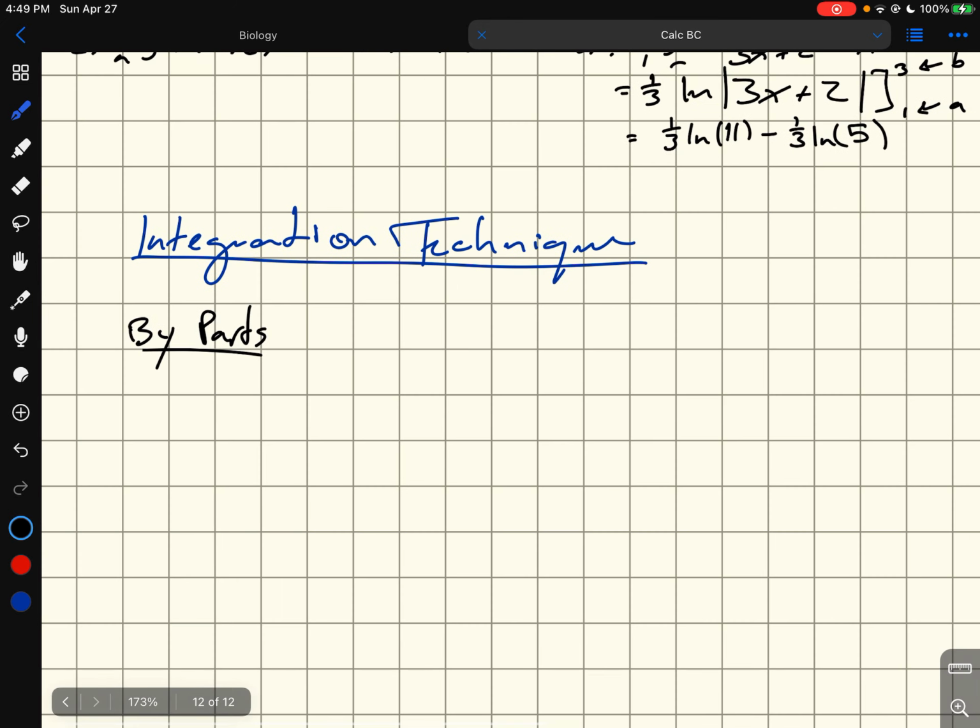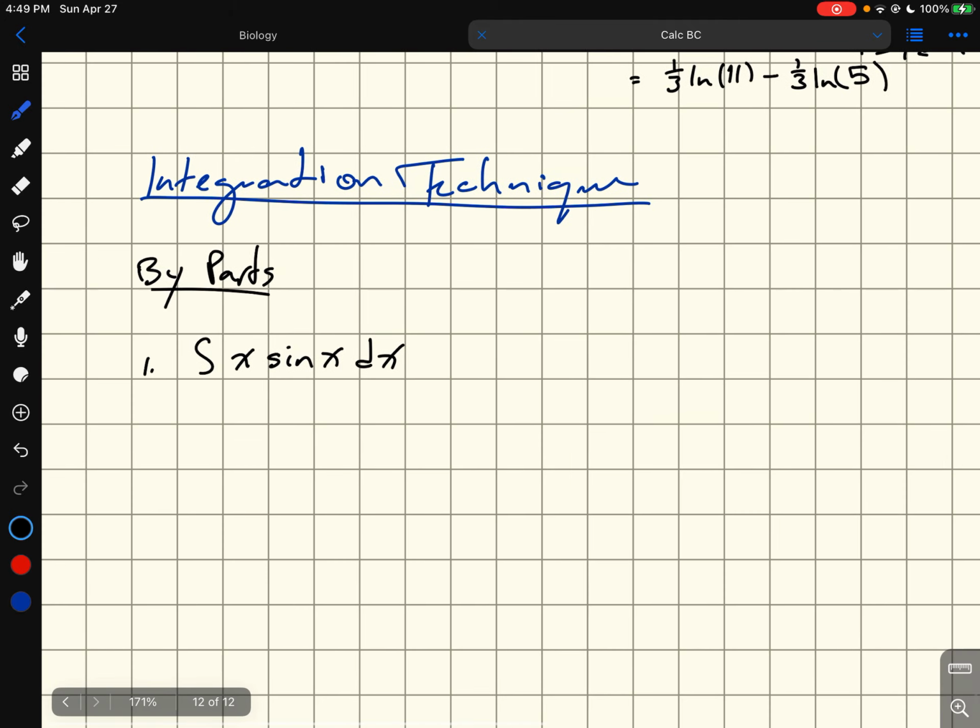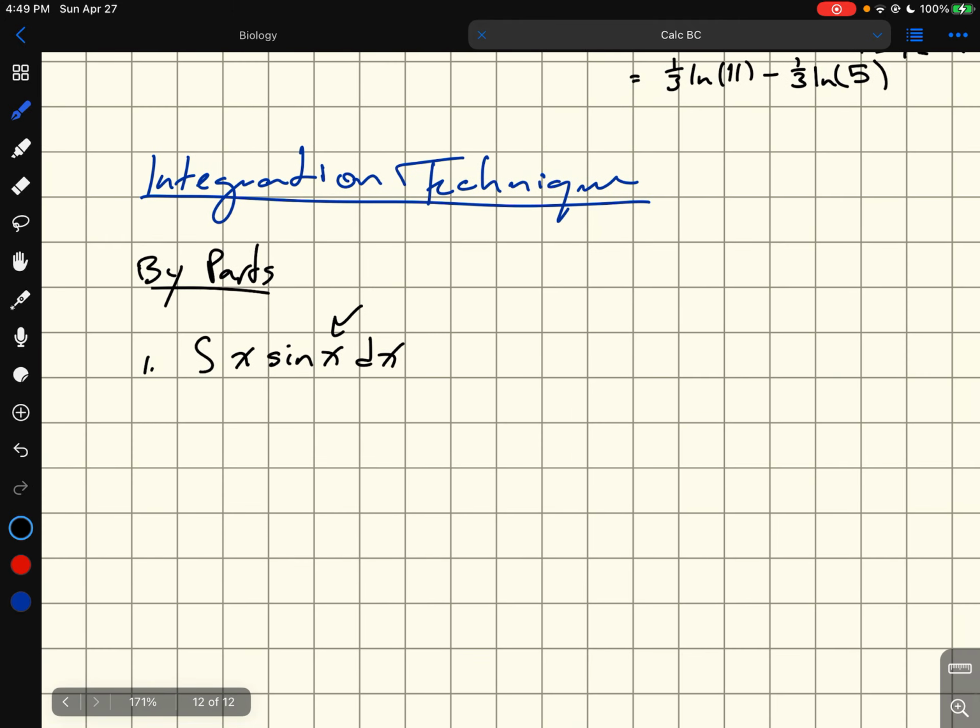So if we have an integral of x sine x dx, we don't know how to integrate this because we can't u sub this and have it equal x, and we can't u sub this and have it equal sine x. So what do we do? That's where integration by parts comes in.